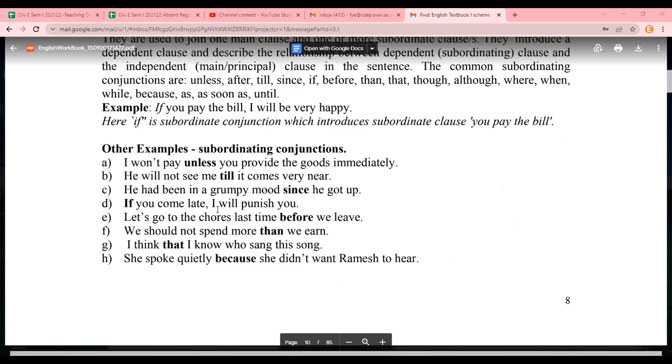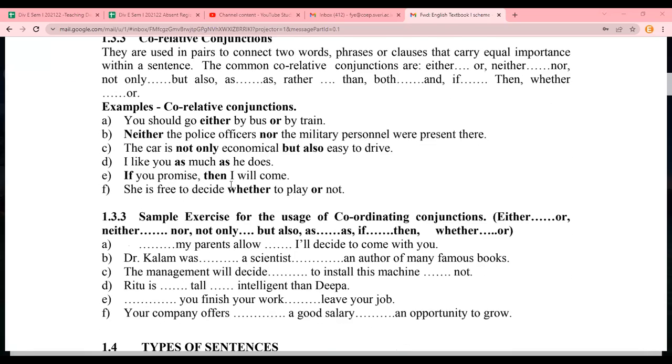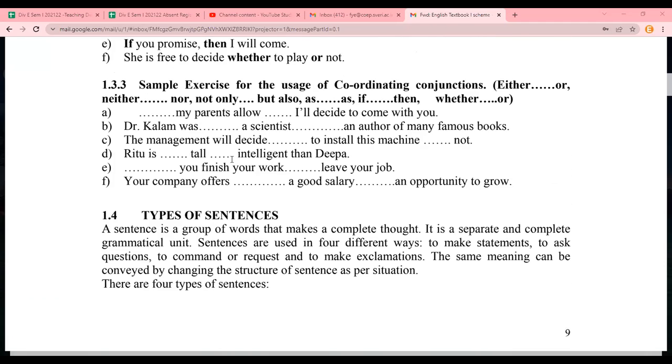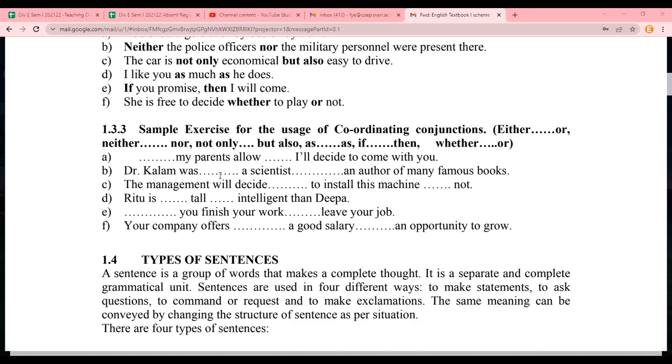Then let's go to the other exercise that you can read, which says coordinating conjunctions: either or, neither nor, not only but also, as, if then, whether or.